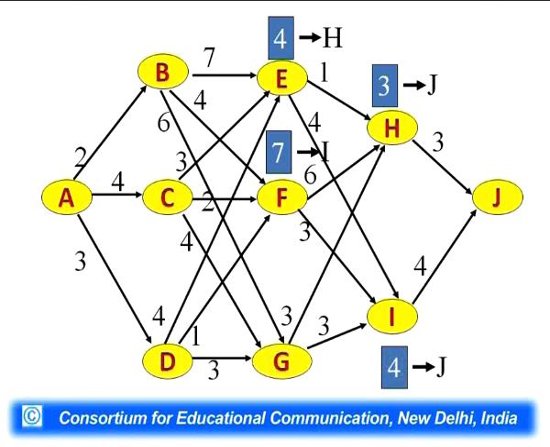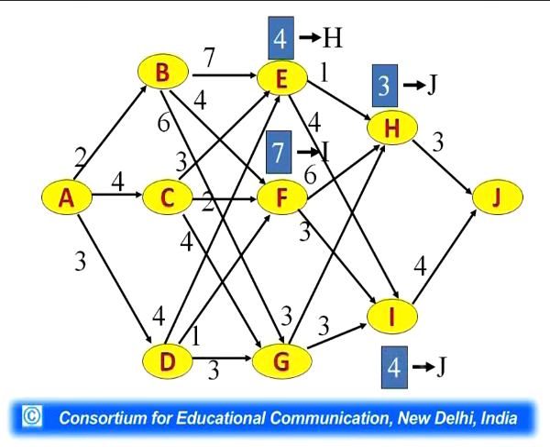Now, say if we had to come from H, the distance would have been 6 plus 3, 9 kilometers, but the shortest distance is 7 kilometers, that is why we have written 7, and this is another stage. The first stage covered H and I, and the second stage has so far covered E and F.